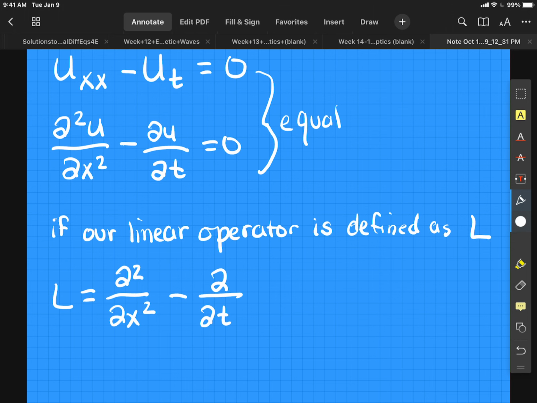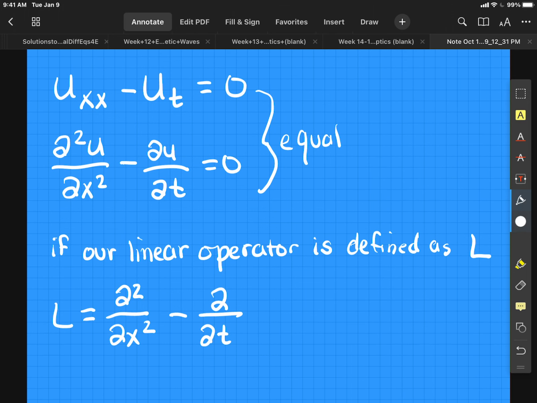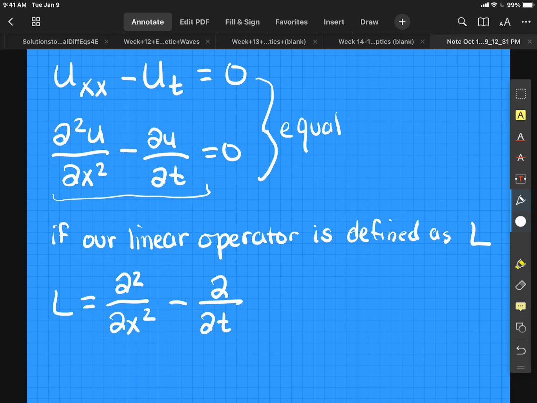Now notice how the linear operator looks very similar to our equation up here, except it has one thing missing, and that's the variable u. As you can see, we don't have this variable in our linear operator that we do in our full equation.